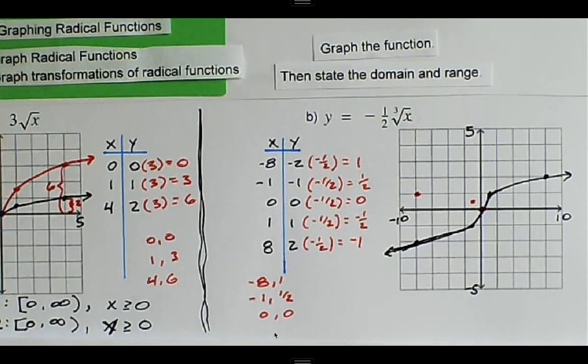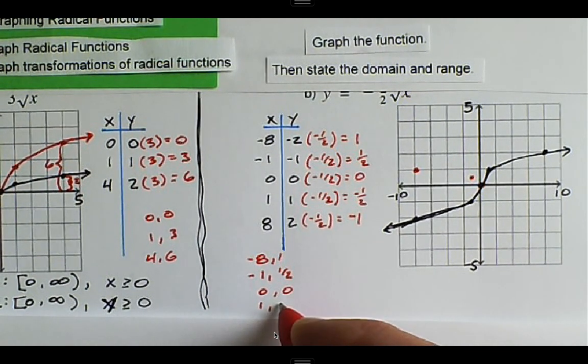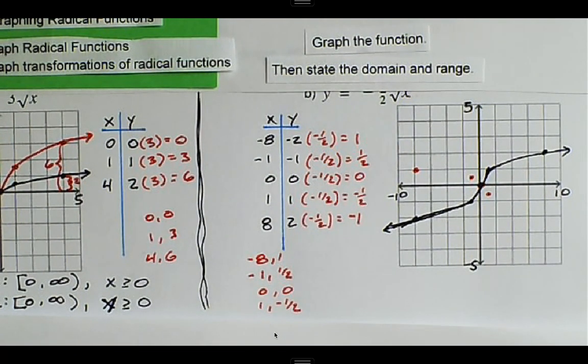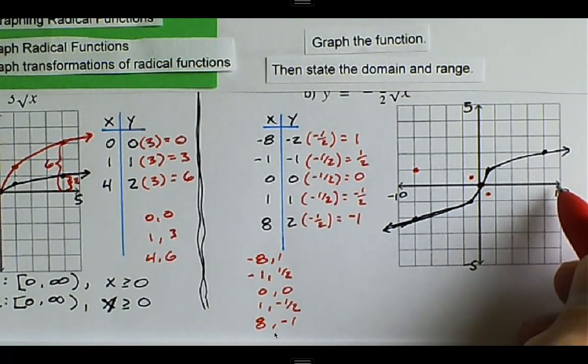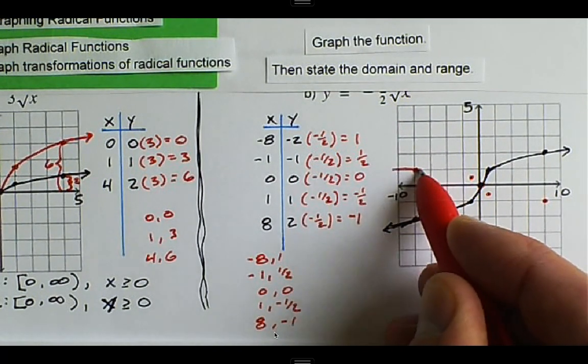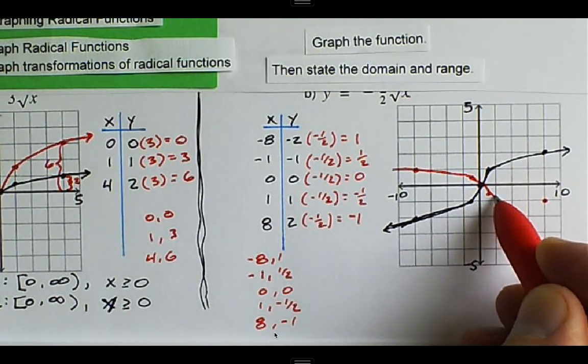Then we have 1, -1/2. And then the last one is 8, -1. And then we do our sketch through the points that we've drawn.